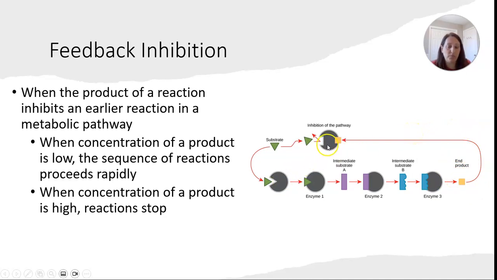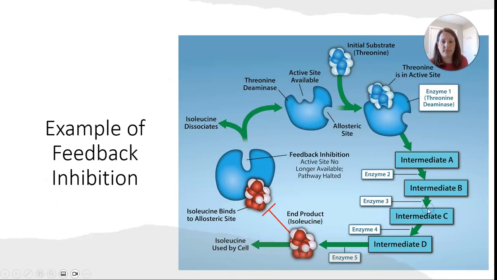So here, right to enzyme 1, and it will bind to that enzyme, inhibiting its activity. And so we're just going to shut it down right here at enzyme 1. And so none of this is made. Okay, so your cell doesn't waste time making an end product that is starting to build up inside the cell. So again, that's called feedback inhibition.